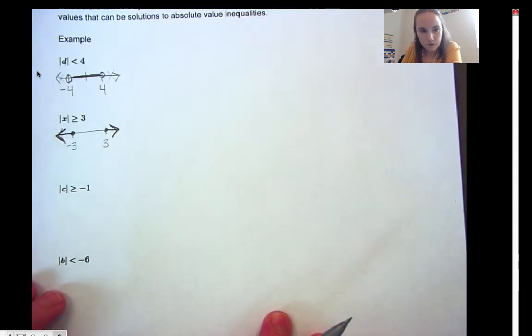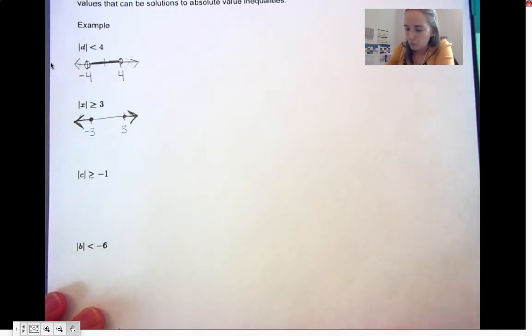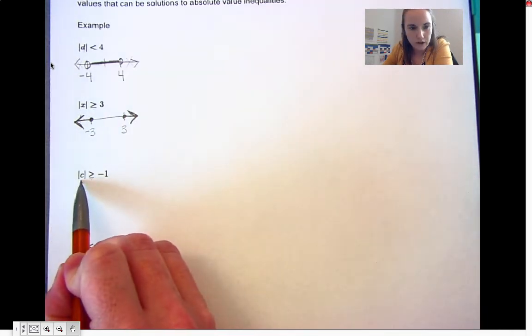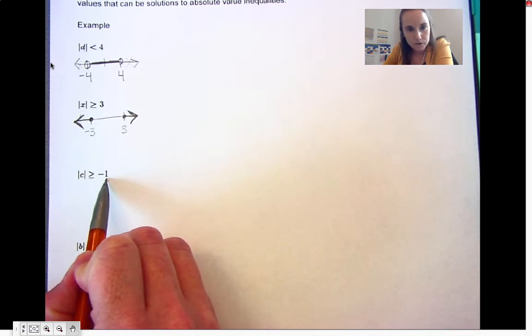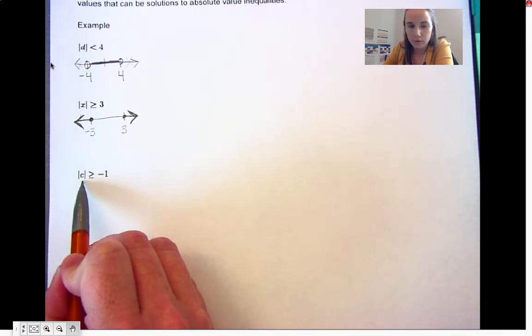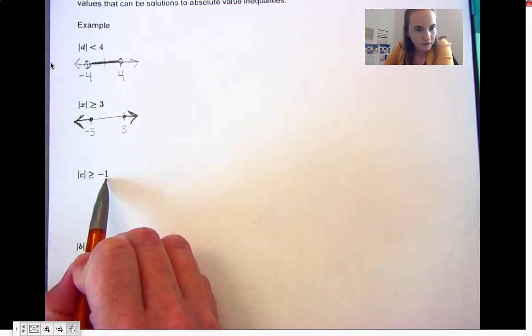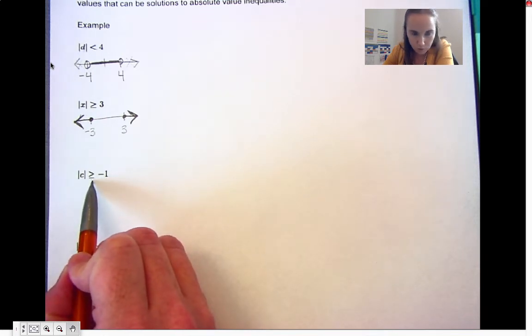All right, the next one. Remember earlier that we talked about the absolute value could not equal a negative number. But now that we're talking about inequalities, think about the absolute value once you took it. When will it be greater than a negative number? It'll never be equal to the negative number, but this is greater than or equal to.